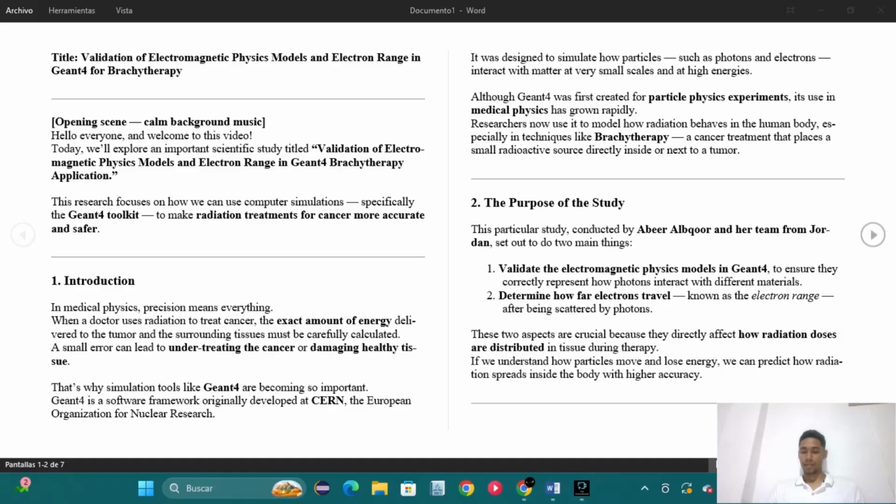Two, determine how far an electron travels, known as the electron range, after being scattered by photons. These two aspects are crucial because they directly affect how radiation dose is distributed in tissue during therapy. If we understand how particles move and lose energy, we can predict how radiation spreads inside the body with high accuracy.